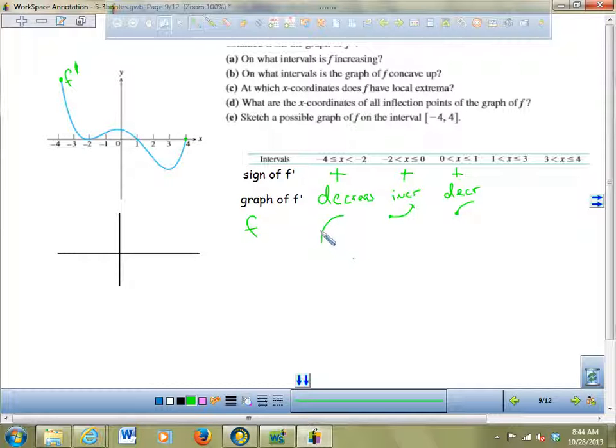Okay, so this says my slope is positive, but my slope is decreasing. It's getting less and less positive until at this point my slope is going to be 0. Right? Okay.